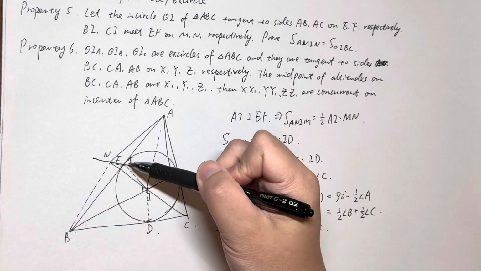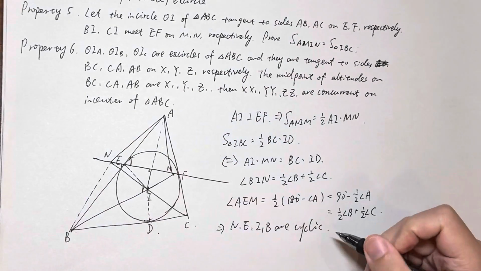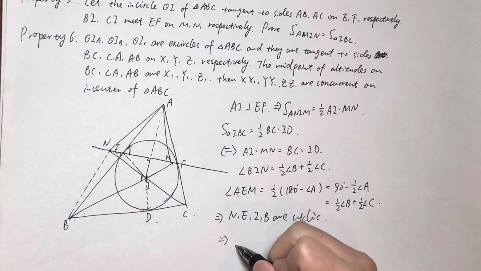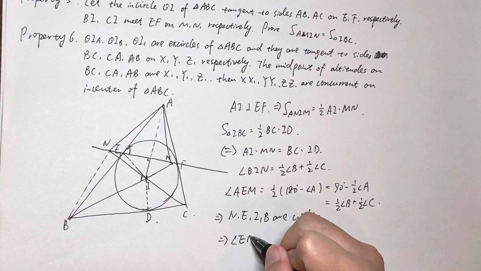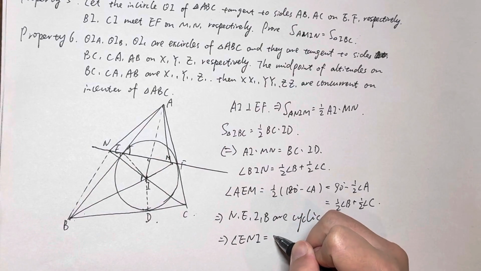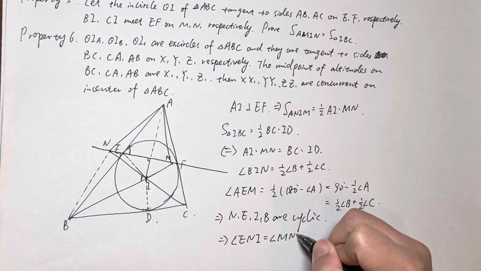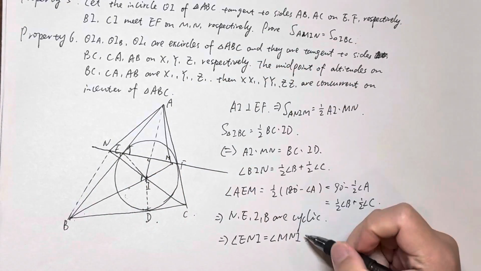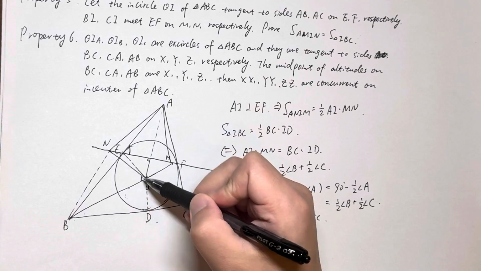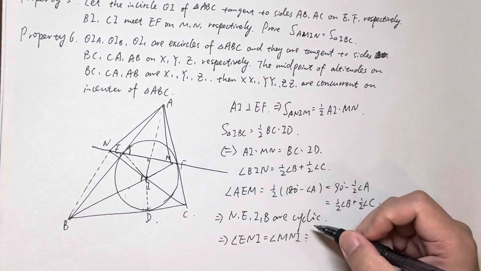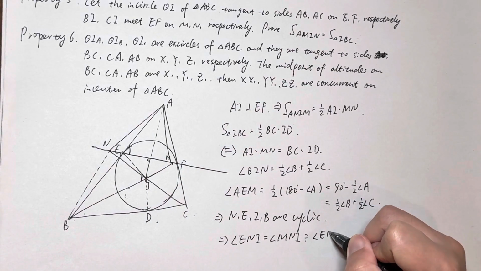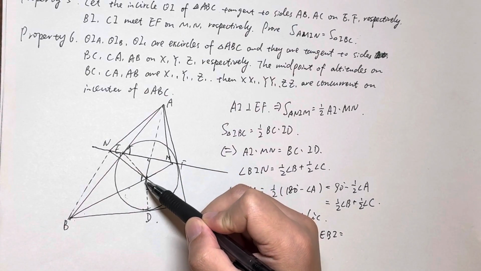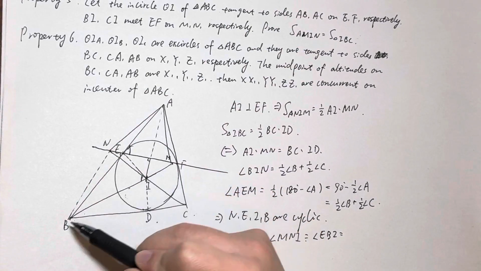That means angle ENI, which is angle MNI, equals angle EBI, which we know is half of angle B, so it equals angle IBC.